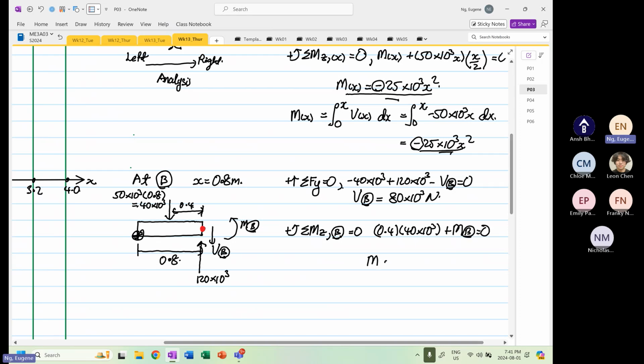Therefore, moment at point B will be equal to minus 16 times 10 to the power 3.